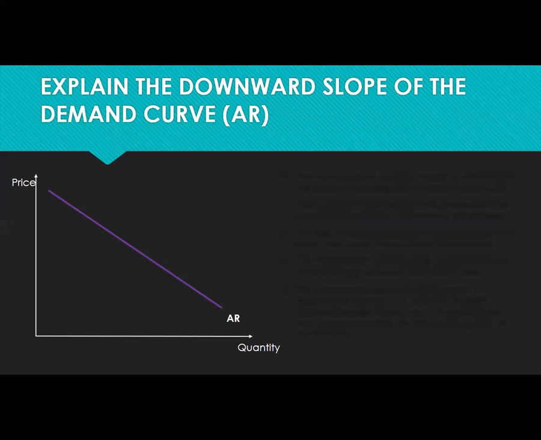Now you have to explain the downward slope of the demand curve for your monopolist. We already started to look at this. Remember, your average revenue curve is your demand curve for the monopolist. So although the monopolist makes their own prices, they limit the quantity that they provide. If I can just show you here.